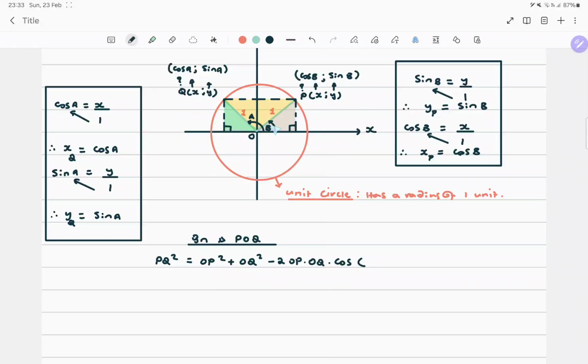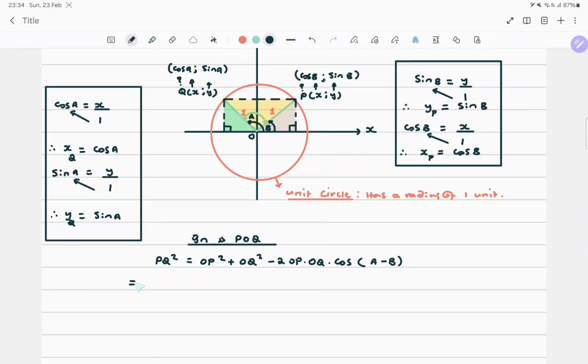See, this is A minus B. Because then it gives us this angle. Okay? So that angle is going to be the obtuse angle minus the acute angle. It leaves us that angle. So we can see something here.